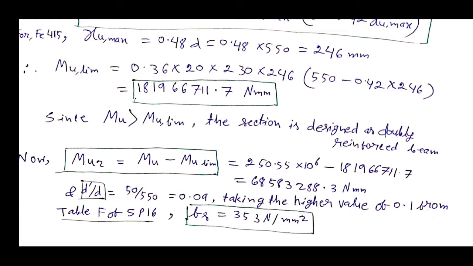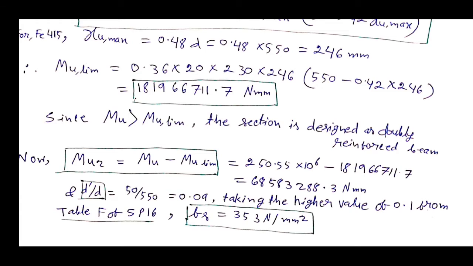Actually, the value which we have got for Mu limit is in Newton mm. You may write this as 181.96 into 10 to the power 6 Newton mm, or 181.96 kilonewton meter. So this is how you can easily understand that the value of Mu limit is less than Mu.